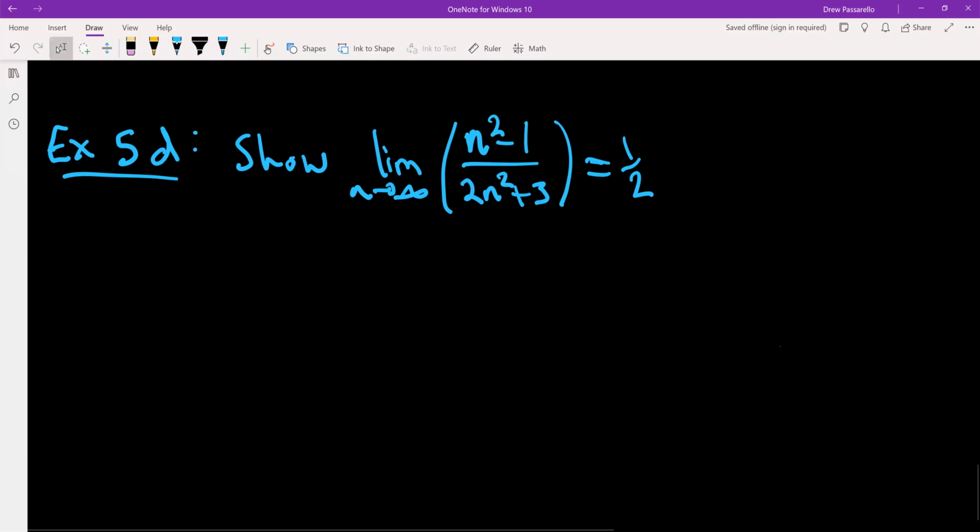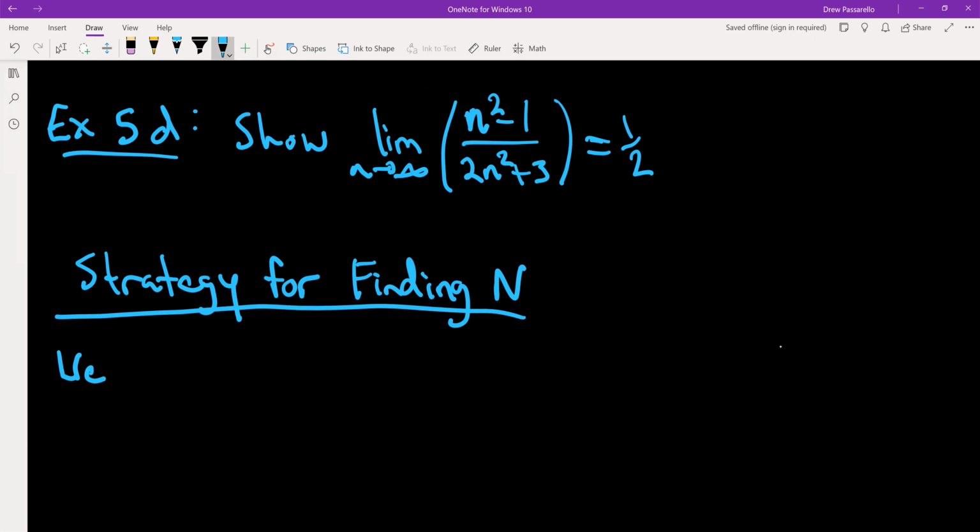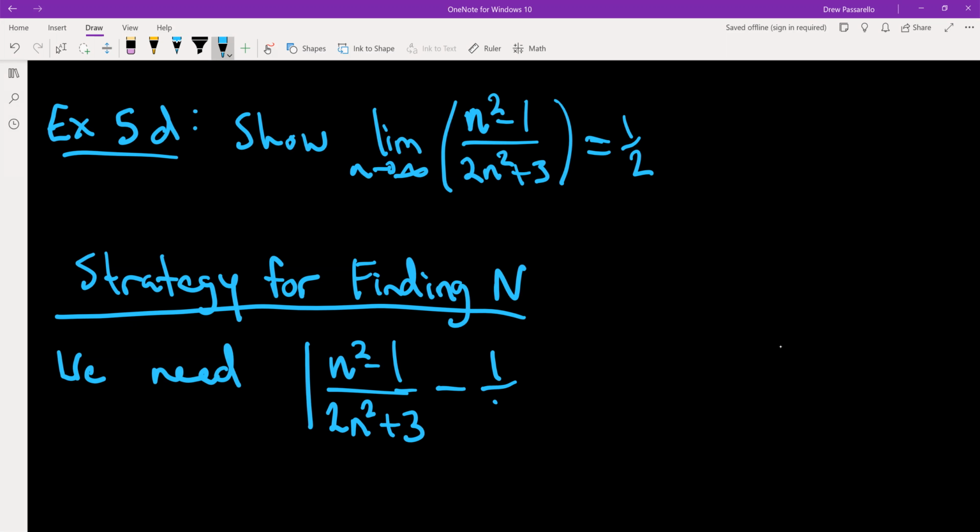So now, again, I'm going to find the necessary index capital N. So strategy for finding N. All right, so we need the absolute value of our sequence n squared minus 1 over 2n squared plus 3 minus the value to which it converges, so saying converges to 1/2, to be less than epsilon.